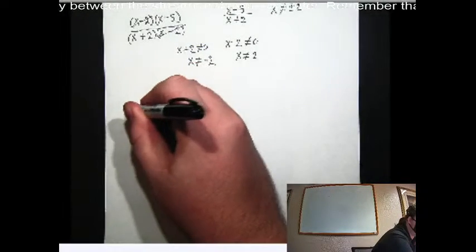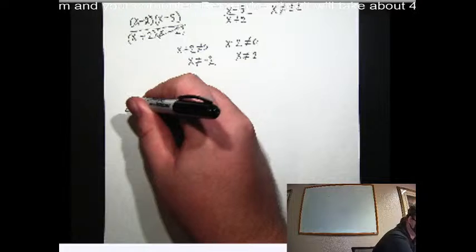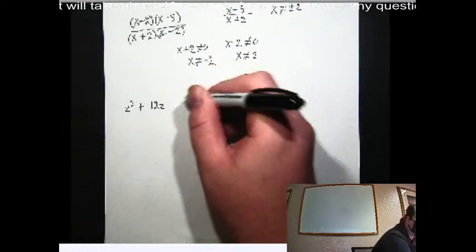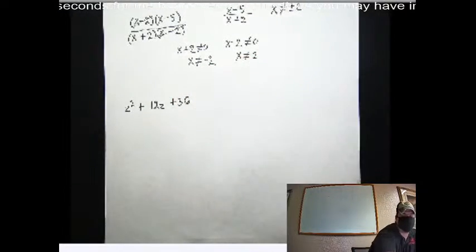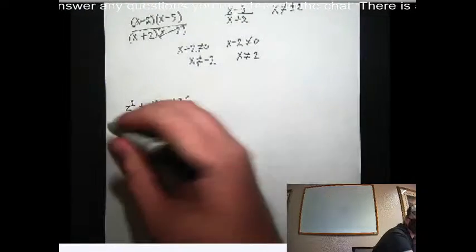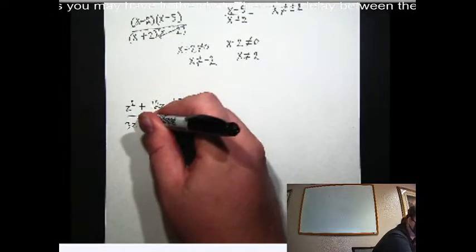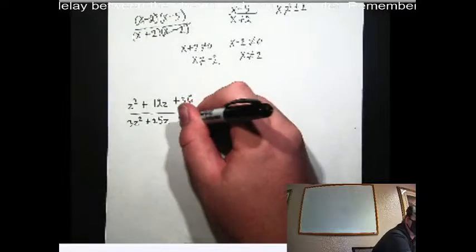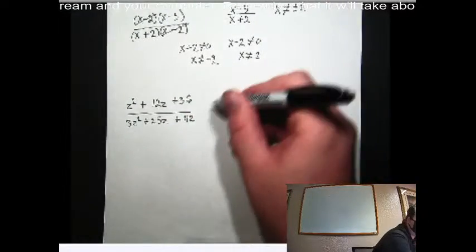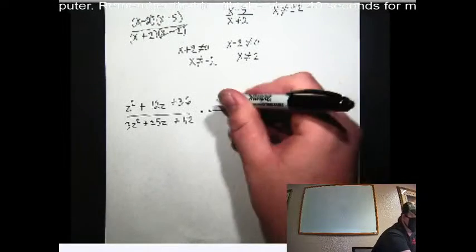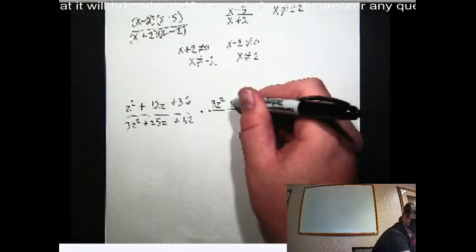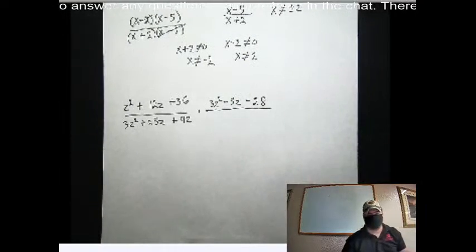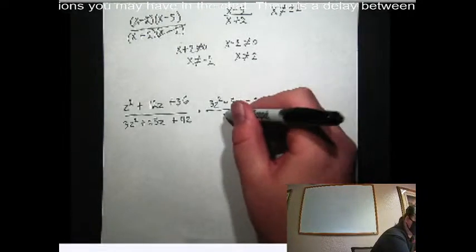So let's say we have z squared plus 12z plus 36, all over 3z squared plus 25z plus 42, times 3z squared minus 5z minus 28, over z plus 6.